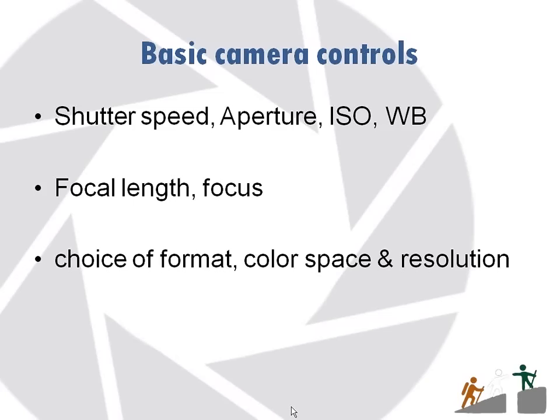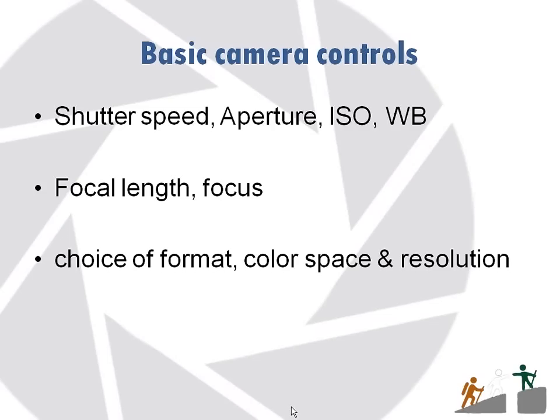In manual mode, you can choose both shutter speed as well as aperture. ISO and white balance depend on the SLR you own. If it's a completely manual, professional one, you'll have hot controls. You'll have an ISO button and you can directly dial the ISO, and white balance also you can directly dial. But in most of the semi-professional SLRs you have to select through the menu.